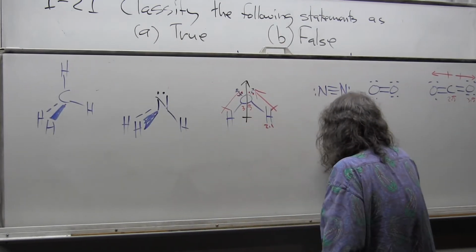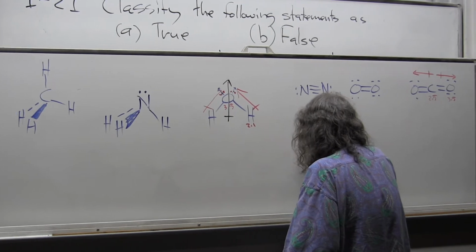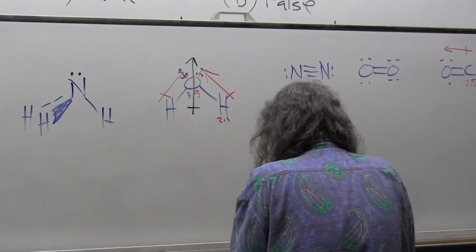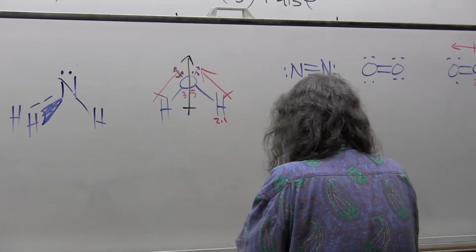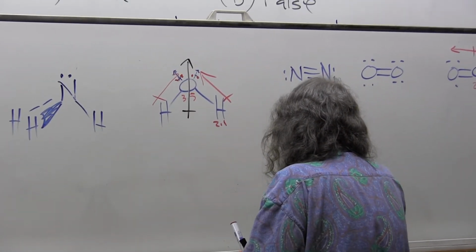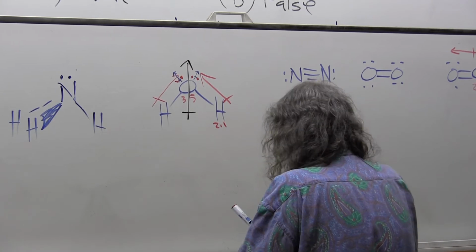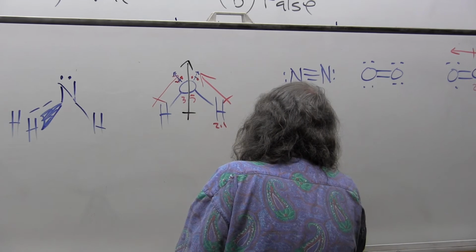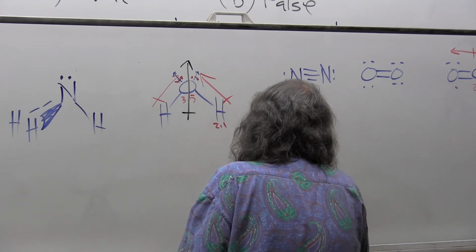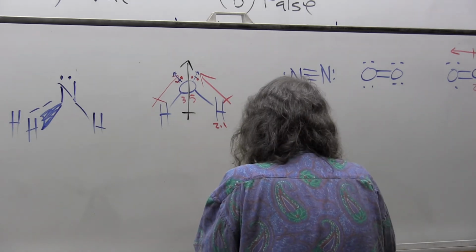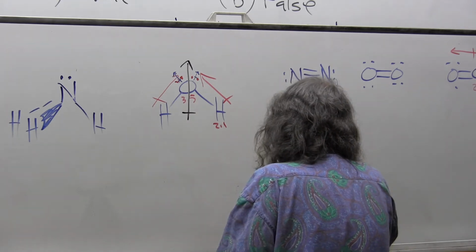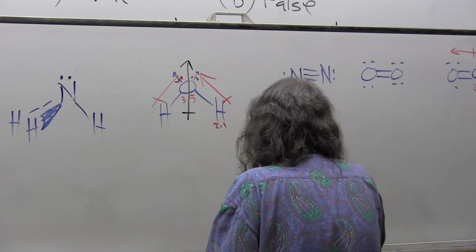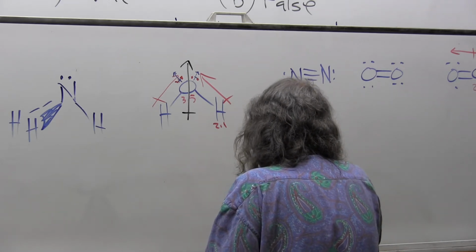I'm going to have one little hybrid orbital facing this way, another one, let's see if I can draw this. Another one going that way, the axial positions. I've got one coming out of the board and one going into the board, and then one coming out of there.